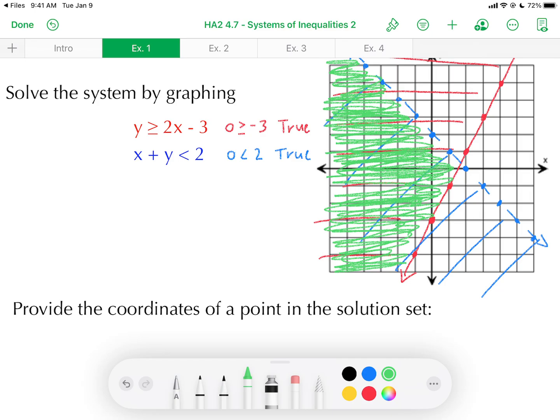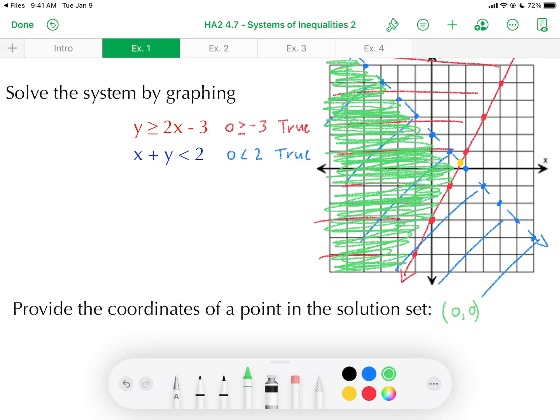This point right here is not a solution to the overall system because of the fact that the one boundary line is dashed, right? So instead, we just need to pick some random point that's in the green shaded region. Okay? There's an infinite amount of answers you could give here, but just pick something in the shaded region. So I would just say the origin. Okay? Any questions on that?